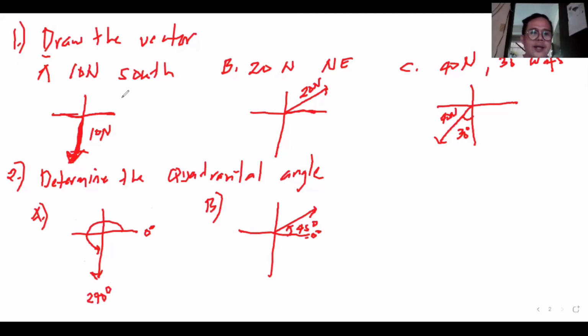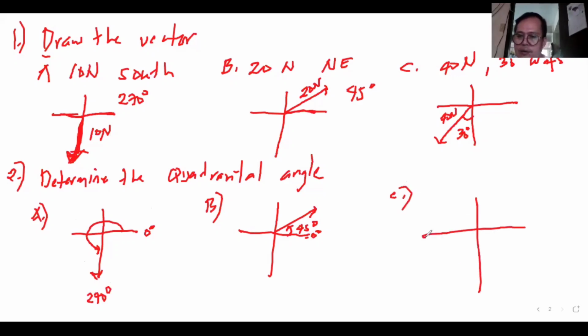So this one is 270 degrees. This one is 45 degrees. And let's go to C. Your C is located here, and this one is 30 degrees. So what will be your quadrantal angle from 0 degrees? This is 90, this is 180, this is 270, and a complete rotation is 360 degrees.